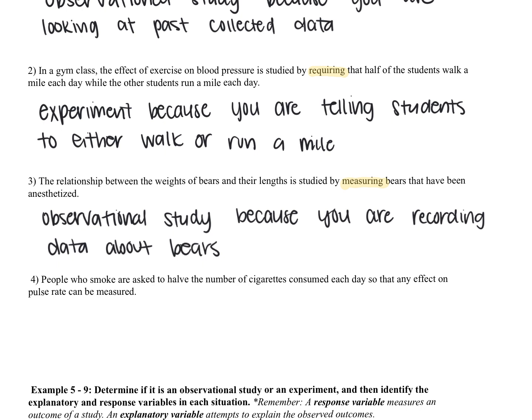Okay. Last one, people who smoke are asked to halve the number of cigarettes consumed each day so that any effect on pulse rate can be measured. So here you are asked to halve. You are specifically telling them to do something, so this is an experiment.